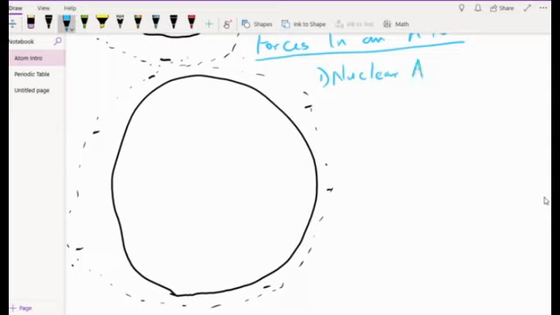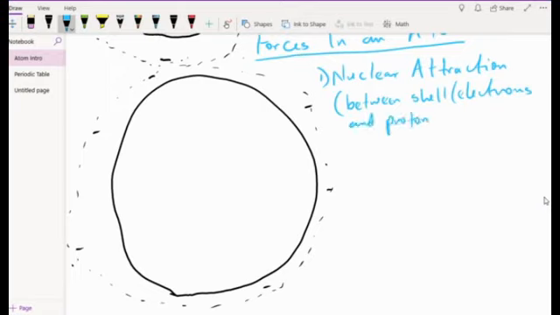The nuclear attraction exists between the shell, that is electrons, and protons. You find your protons in the nucleus.